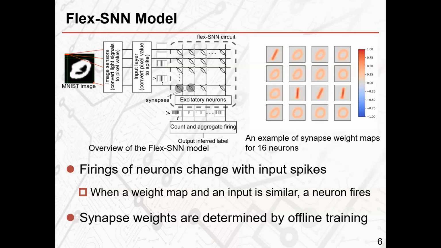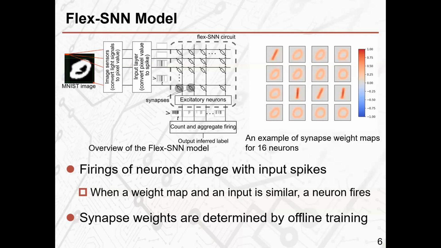And these weight maps represent when each excitatory neuron fires. In other words, when the input image is similar to these weight map shapes, then the excitatory neuron fires. So firings of neurons change with input spikes.